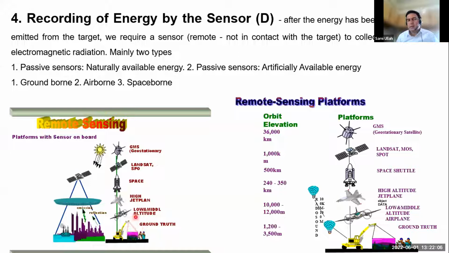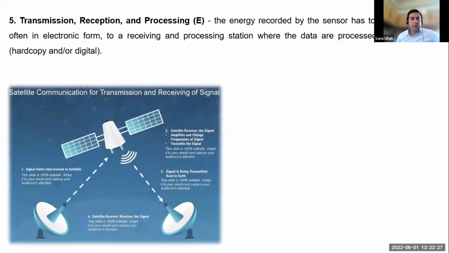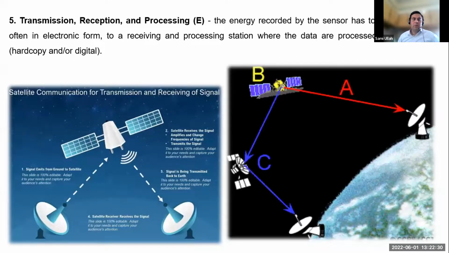So these satellites, drones, or aeroplanes are just platforms. Inside the platform, you have a sensor which detects the reflected light coming from the object. This is an example of the sensors available. Okay, so that was the platforms: airborne, spaceborne, and groundborne.